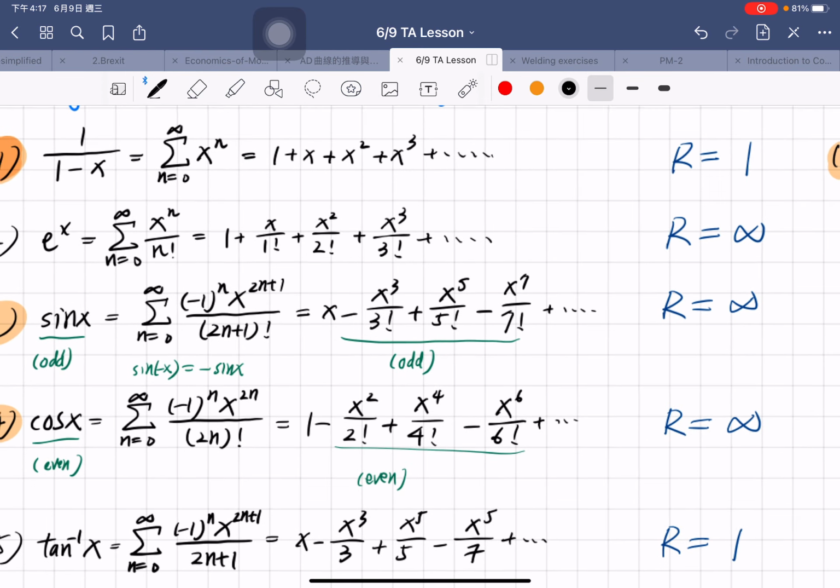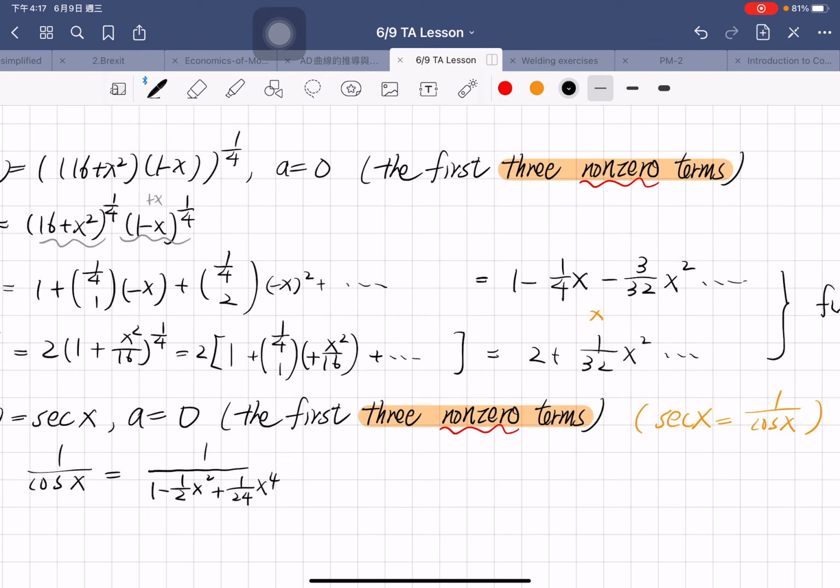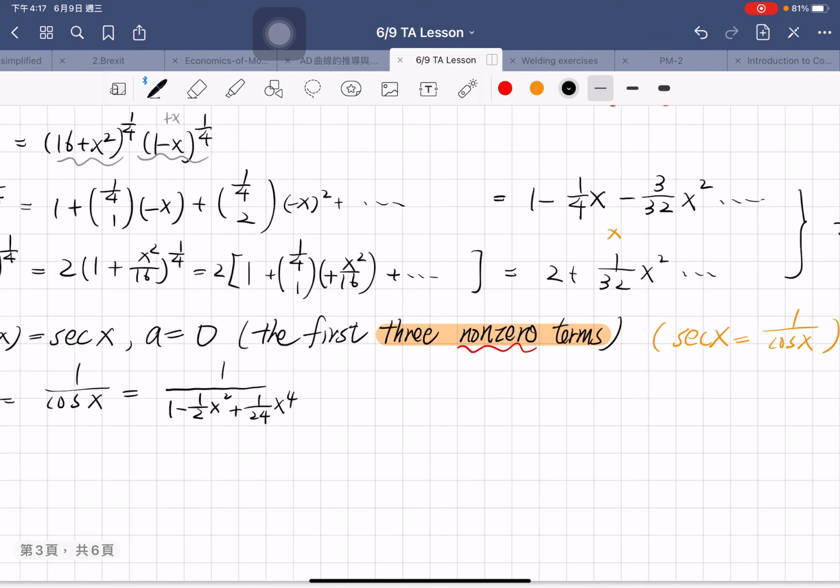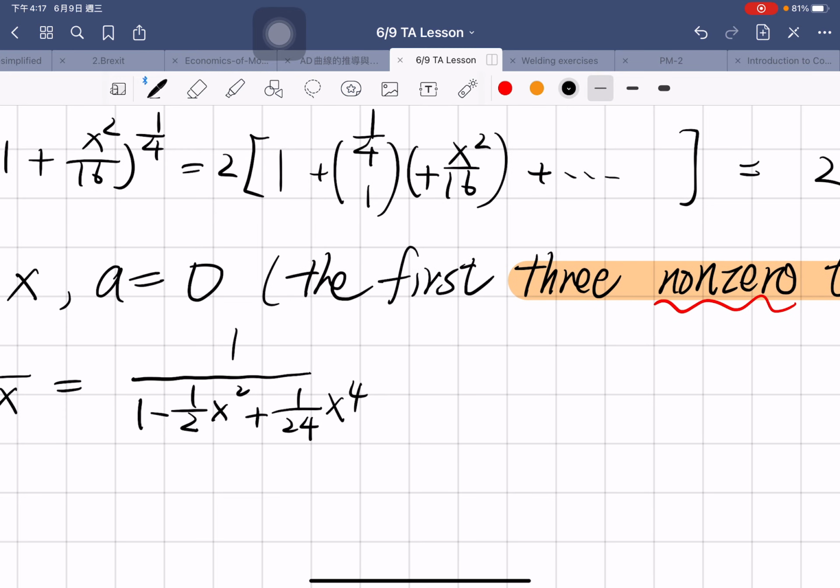Because we want to know the first three non-zero terms, we list out the three non-zero terms, but there are actually more terms. Okay, but now we neglect them. So our cosine now will be just like this.